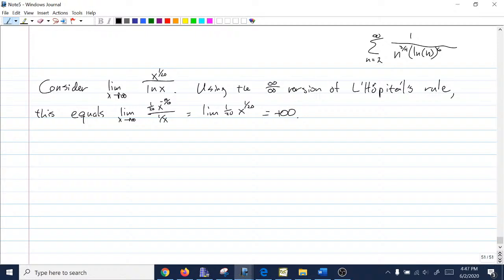Cool. If the function goes to infinity, then raising it to the 6th power goes to infinity also. A big number raised to a positive power is still big.